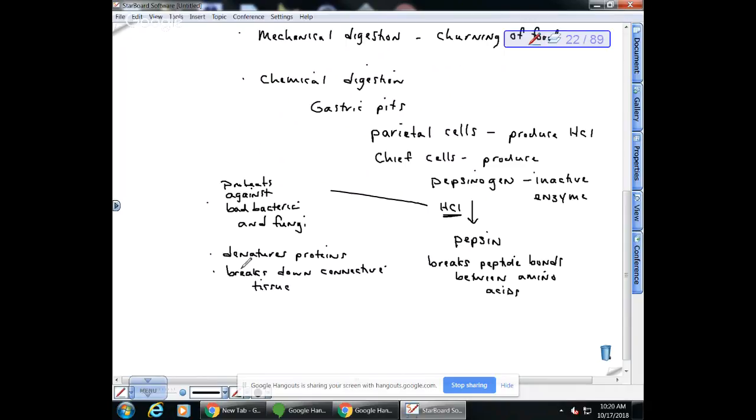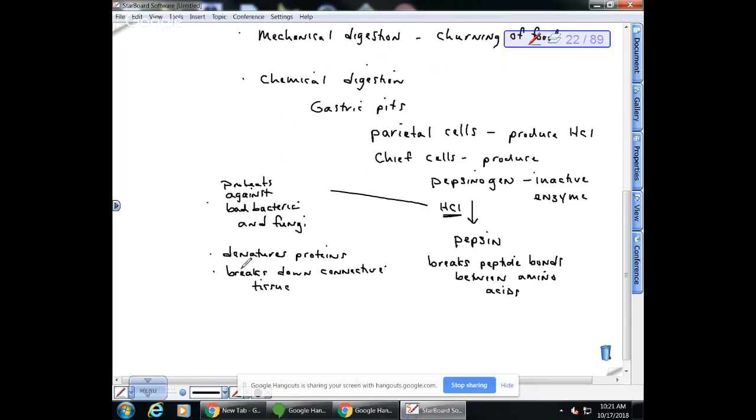Right. So if you were to eat a steak, for example, when you take it in, there's lots of connective tissue that surrounds the individual muscle fibers. When you think about a steak, it is full of connective tissue because of the muscle fibers and the fascicles in the muscle. And so this actually has to be broken down, right? And then for you to be able to get access to the proteins that are in the muscle tissue, including actin and myosin, that cause muscle contraction.